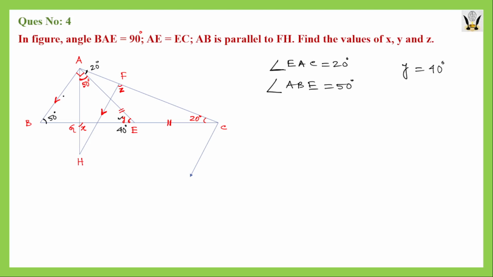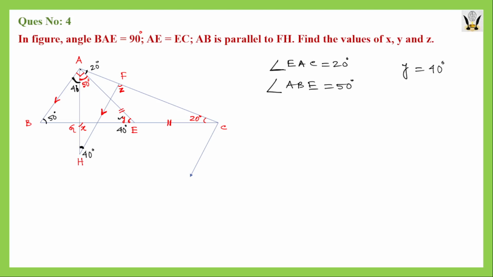So with respect to those two parallel lines, if we take AH as transversal, then this angle will be how much? This angle will be 40 degrees, right? Because the total angle 90 degrees is given, and this much is 50 degrees, so the rest of the part will be 40 degrees, and this angle and this angle will be alternate angles, so the measure of this angle will also be 40 degrees.